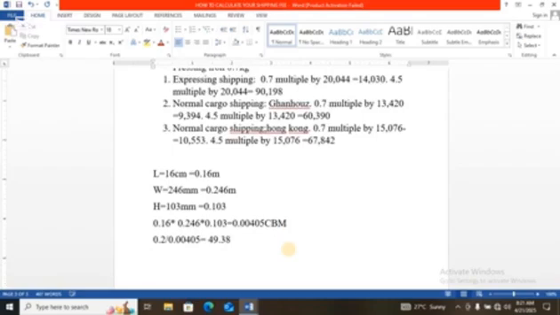So that means that you will have 49 pressing irons for 0.2 cbm. So you will have approximately 49 pressing iron. If you want 50, it will be slightly above 0.2.